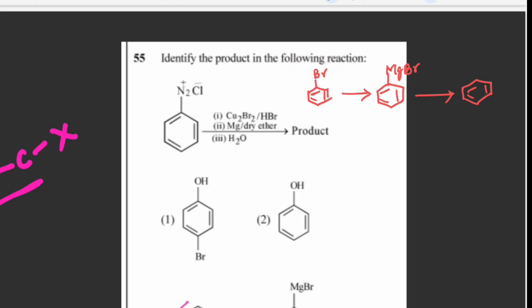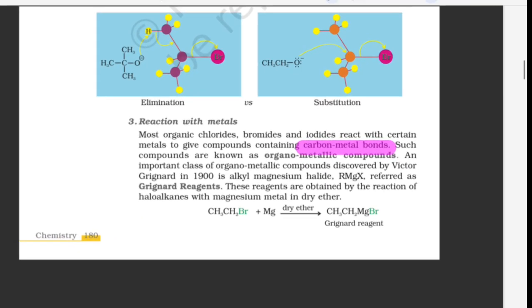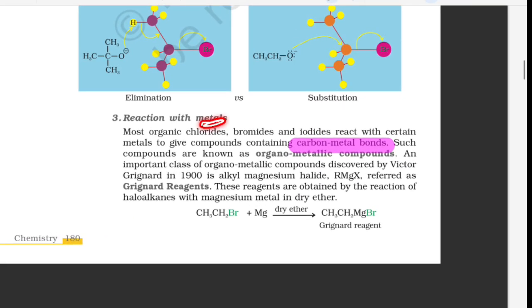The second step is treating this with magnesium in the presence of dry ether. This is Grignard reagent. So when you treat with magnesium, what will happen? See here, reaction with the metal. A carbon-metal bond will be formed. See here, this is alkyl halide.